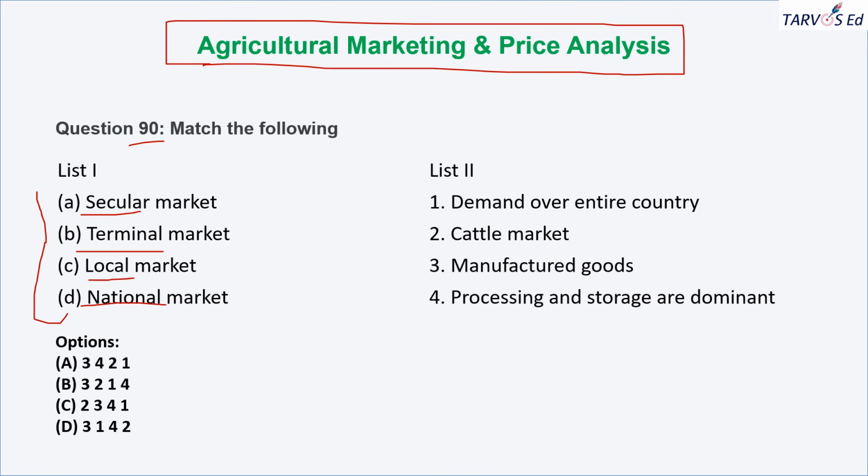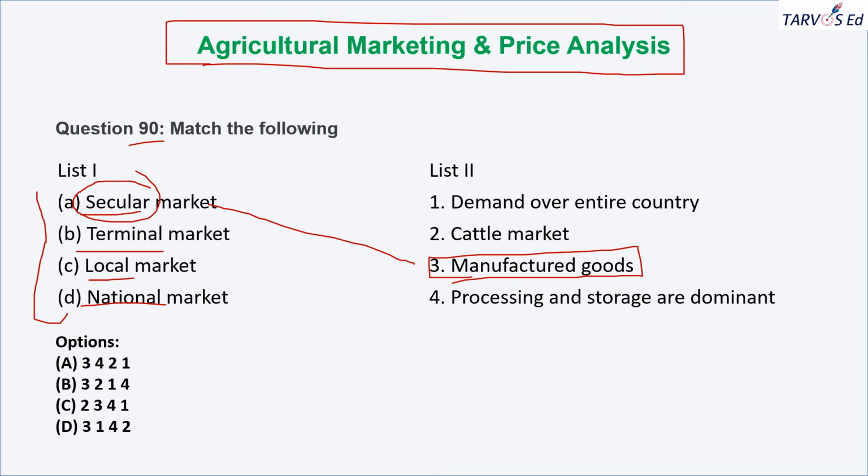Yeah. So secular market is nothing but the market of permanent goods, okay, or the market's location will not change very frequently. So you can see this market for durable goods. So here the option is manufactured goods. Usually the manufactured goods are durable and secular market is of manufactured goods, okay.